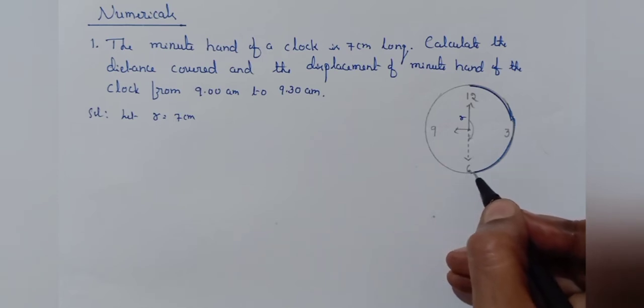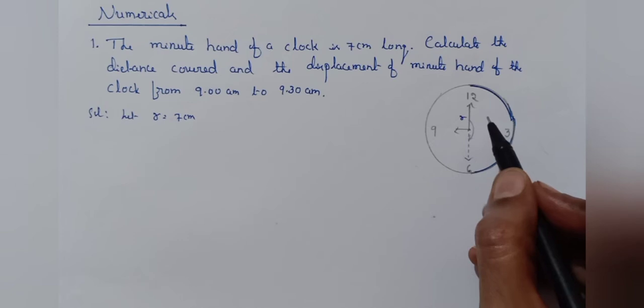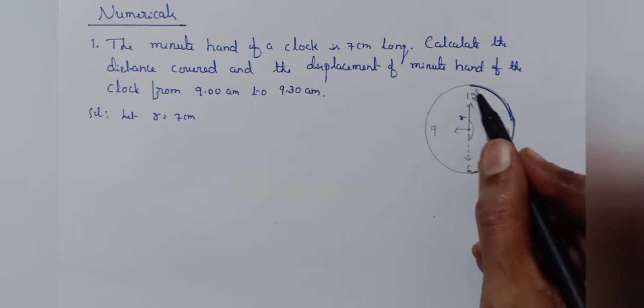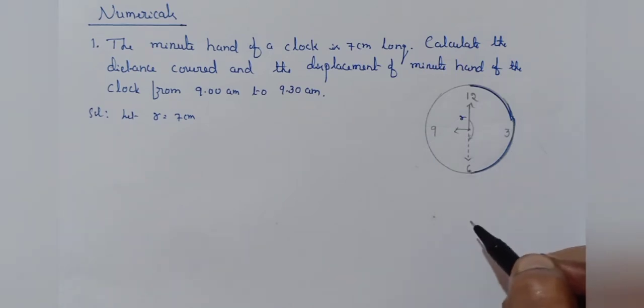So, when the minute hand is moving from 9 to 9:30, it covers half of the circumference of the circle.